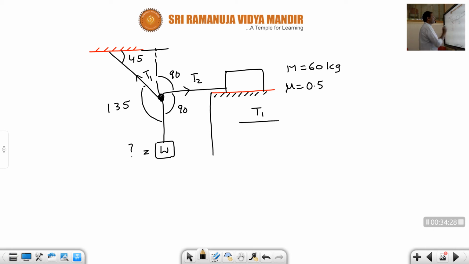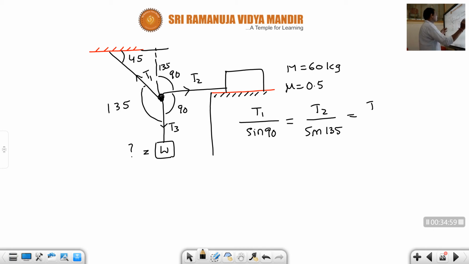T1 by, what is the opposite angle? The opposite angle is sine 90. T1 by sine 90 is equal to T2 by sine 135. Then if you consider this as T3, T3 over sine 135 is there. Now 90 plus 45, again it is going to be 135.